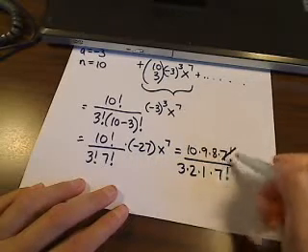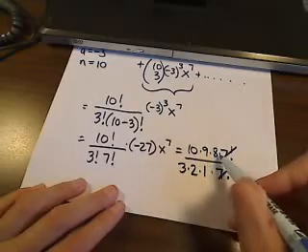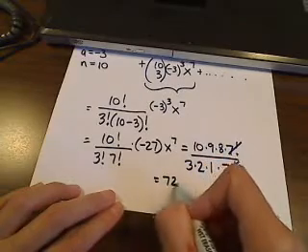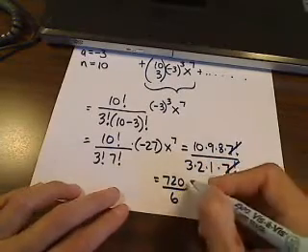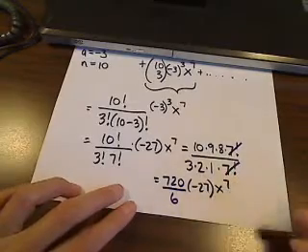So the 7 factorials cancel, and I have 10 times 9 times 8. So that's 720 over 6, and this is times -27, x to the 7th.